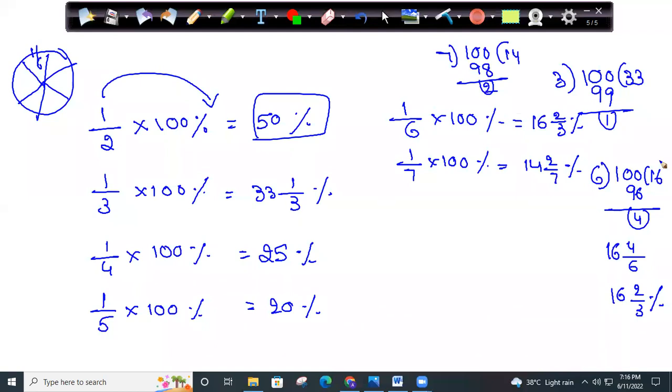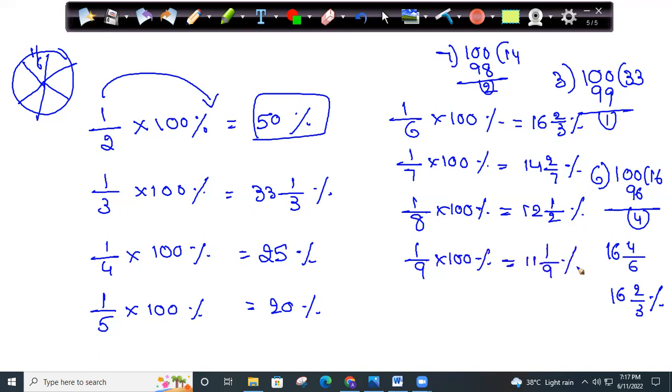So you should be very good at converting fractions to percentage. The moment you are good at converting fractions to percentages, you become fast in calculations. Your interpretation skills will improve. Wherever you see 14 2/7% or 14.2857, it is the same as 1/7. 1/8 in percentage is 12 1/2% or 12.5%. 1/9 in percentage is 11 1/9%.